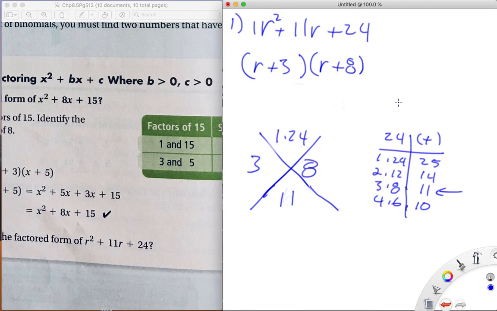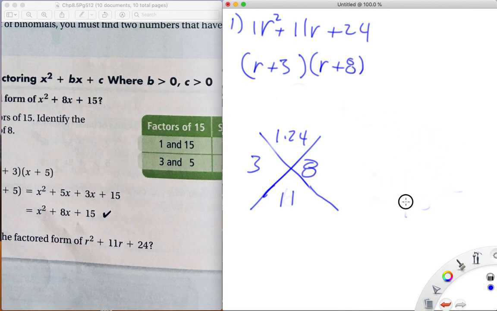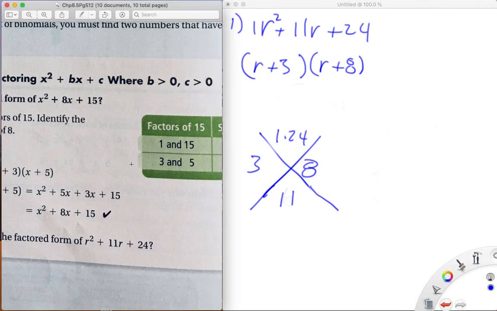There's a couple of ways to find this r plus 3, r plus 8. That's way more complicated, but it's going to set you up for the future sections. So just keep in mind that when there's going to be a term in front, you can do other stuff too to find that 3 and 8 to set it up. But for right now, we'll leave it at that. So that's number 1.